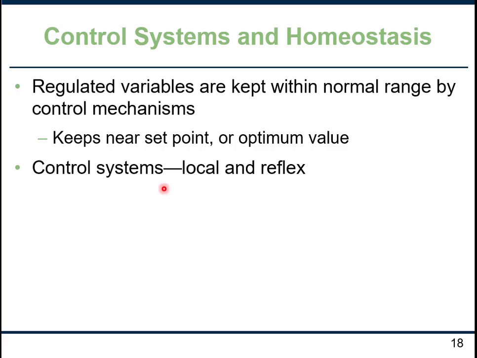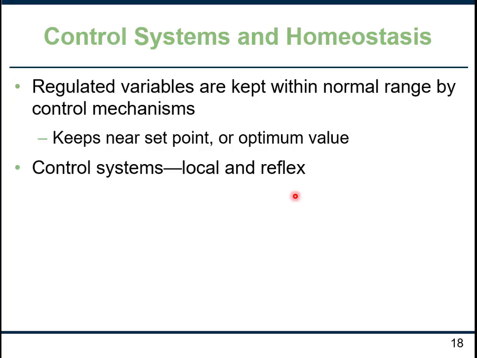These control systems that I'm talking about, and again, I'll give you an example here in a moment, we call them either local or reflex. Reflex means a control system that's taking place over a distance. Typically, what we use for reflex control systems are the endocrine system or the nervous system.